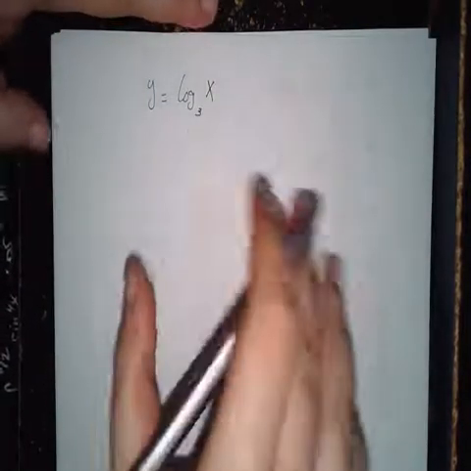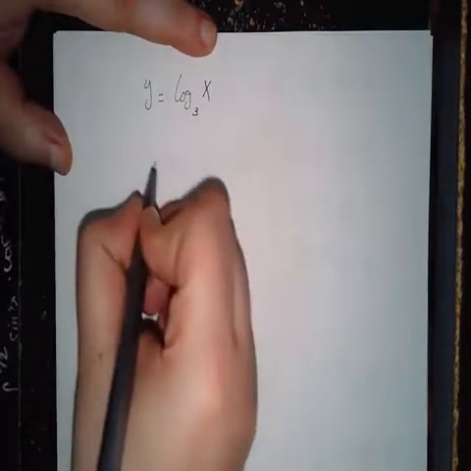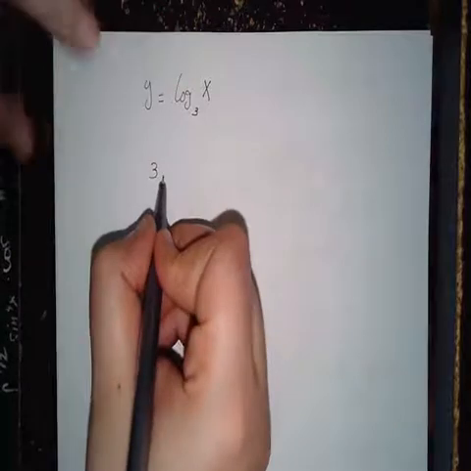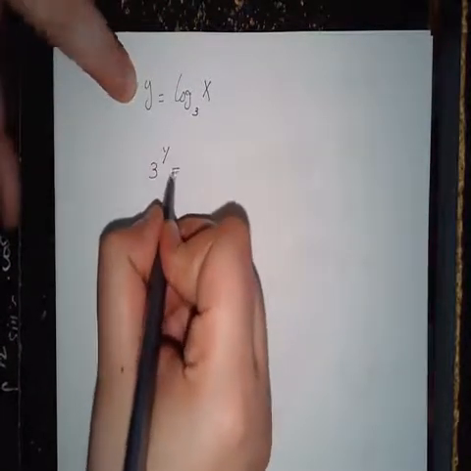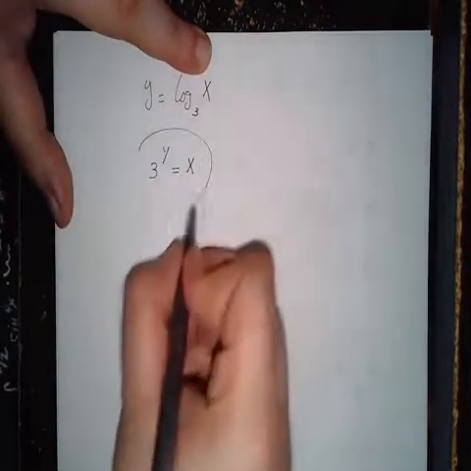To graph it, the easiest way would be to simply convert this to exponential form. So it will be the base 3, the answer, which is y, as the power, and the inside of the log as your answer. So this is what we're going to graph now.